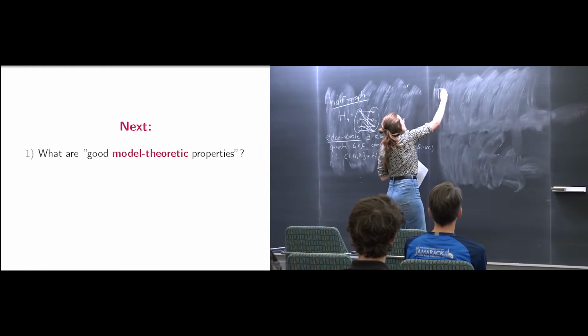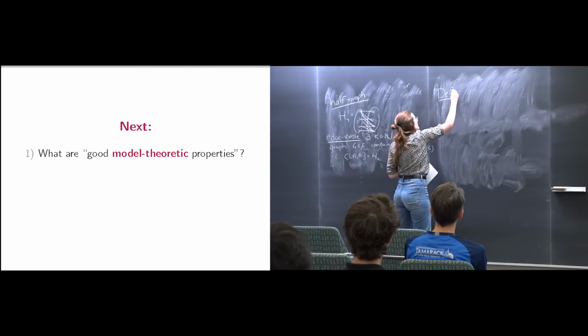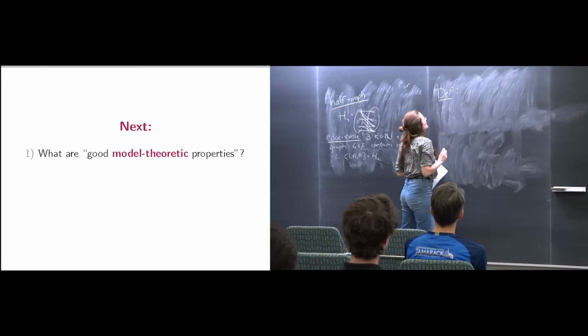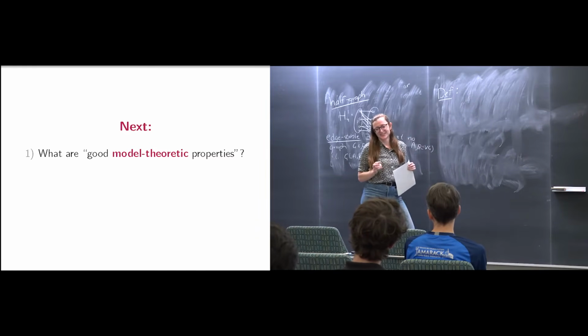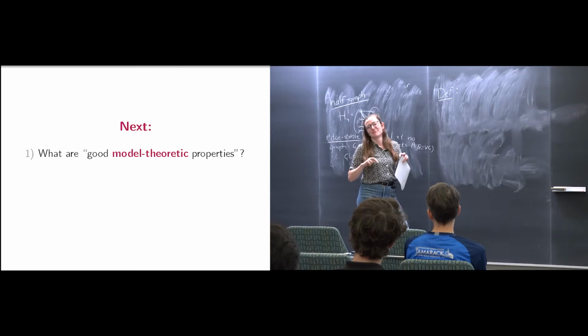So what does it mean for a class to have good model theoretic properties? It means that no formula has the independence property. This is called NIP, not the independence property, but we've just been calling it dependent because it's not independent.